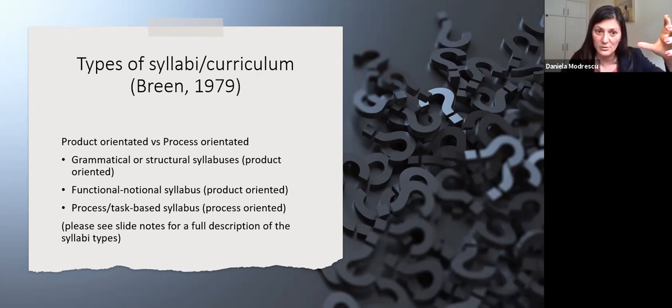The first one is about learning past tense, present, future, various grammatical forms. The function and notion syllabi are product oriented. So what's the end? It's the product. The end of that syllabus is that I want them to get this product.